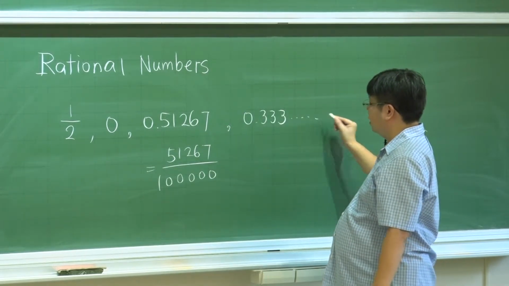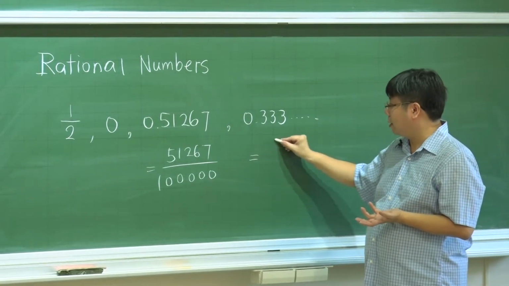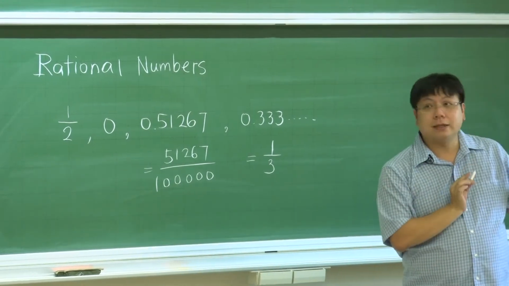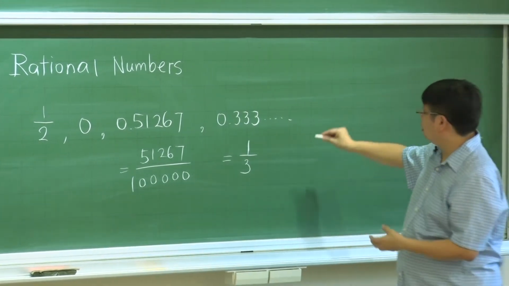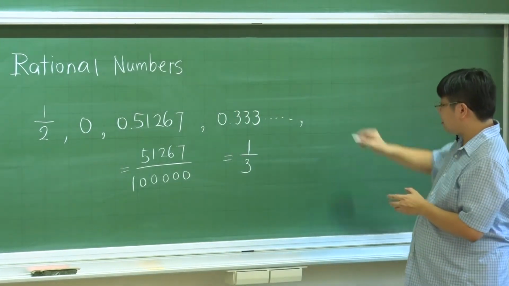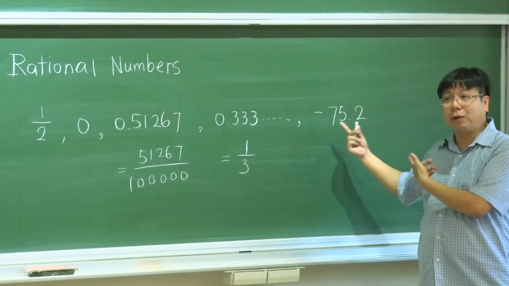0.333 is also rational because this is the same as 1 over 3. Even if a number need not always be less than 1, minus 75.2 is also rational.